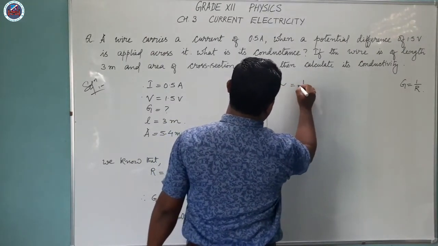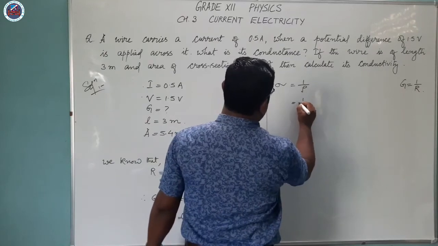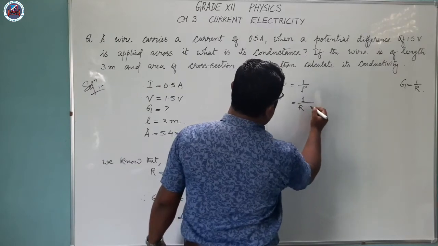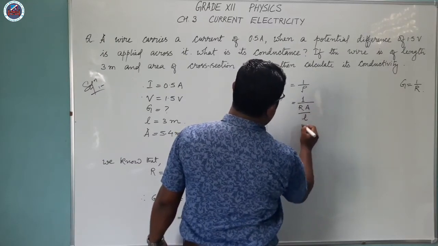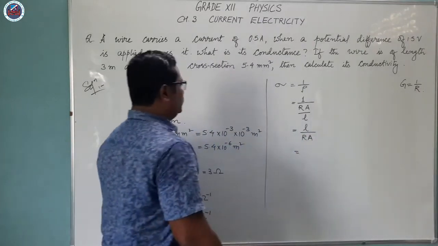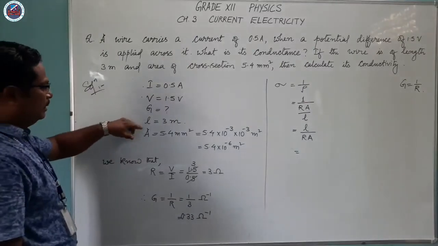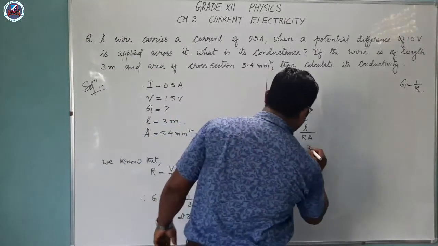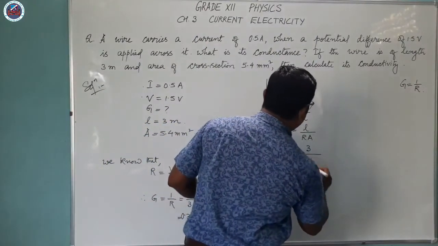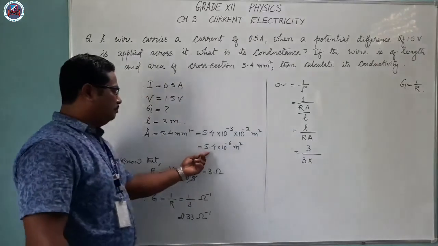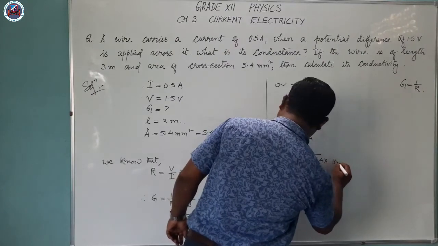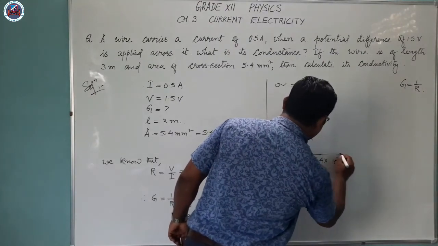It is the reciprocal of resistivity, and resistivity is equal to R times A by L. So ultimately it will become L by R into A. Then we put the values: L, that is 3 meter, resistance R, that is 3 ohm, into area of cross section, this is 5.4 into 10 to the power minus 6 meter square.